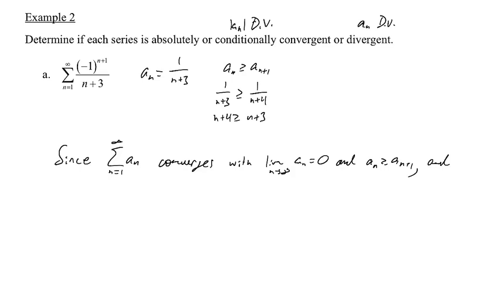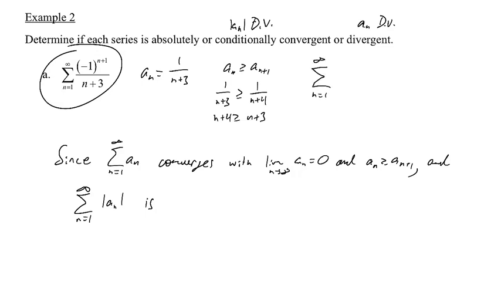and the absolute value one is the next one I need to check, right? So if this is divergent, which I think it has to be, right? Because if I were to just take the absolute value of this, right here, let me write this off to the side. I usually don't need to see this because we can just think about it. The sum from 1 to infinity, if I take the absolute value of this thing, that gets rid of my alternating part.